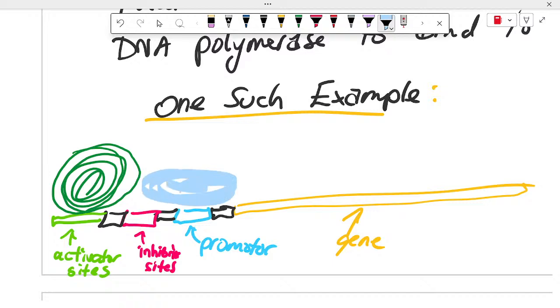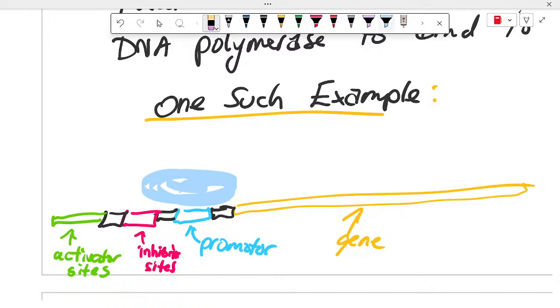Does that make sense? And then when that hormone goes away, when we don't need to be salivating anymore, the molecule that binds to the activator would stop getting sent to the nucleus. Eventually it will degrade and go away, at which point the inhibitor will be able to rebind here, the promoter will be blocked, and that cell will stop making amylase again.